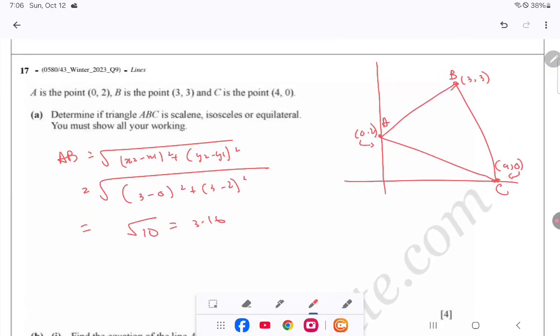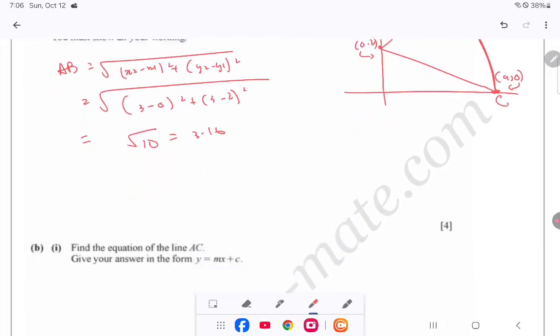For the BC distance, again use the same formula: 4 minus 3 squared plus 0 minus 3 squared. It will give you root 20, which is 4.47.